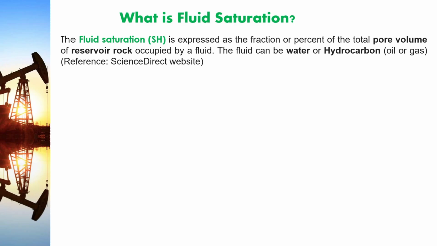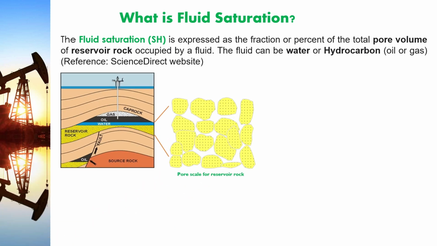If we zoom in the pore scale of the reservoir rock, as shown here in this cartoon view, we see that the reservoir rock is composed of rock grains, this yellow, and pores, which are the voids or the spaces between the rock grains.